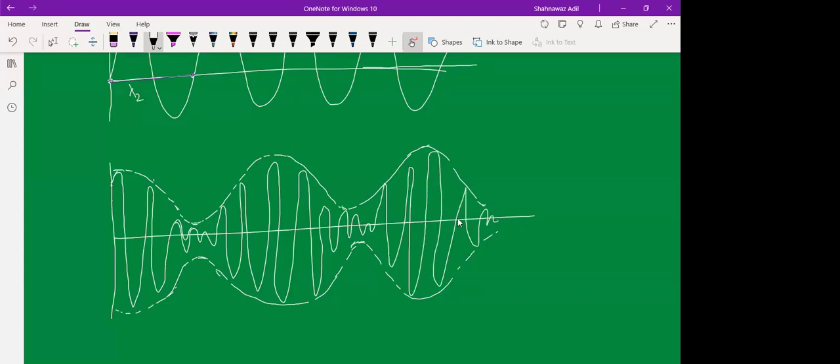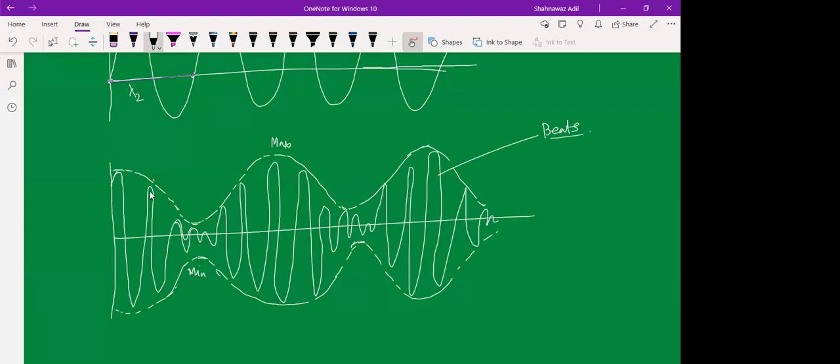This is how the beats will form. Here the amplitude is maximum, and at this point the amplitude is minimum. This is the superposition, and this is the variation of beats.